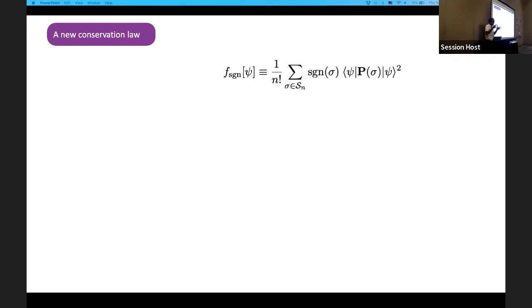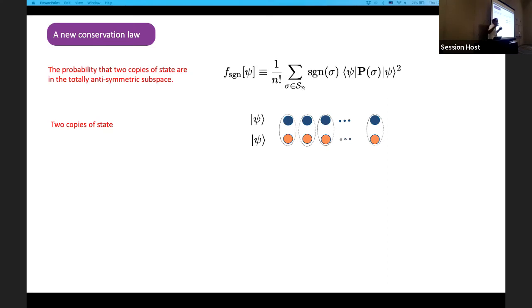So any permutation has a parity, which is either +1 or -1, depending on the number of transpositions that you need to realize that permutation. And so this is the function. It turns out that this function, as I will show you in a second, is conserved under 2-local SU(3) invariant unitaries, or 2-local SU(d) invariant unitaries, but it can vary under general SU(d) invariant unitaries.